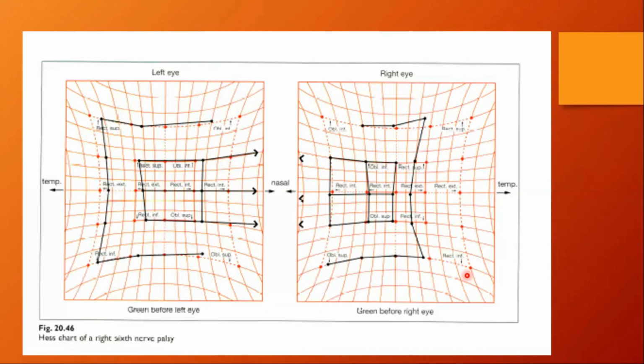I will repeat it again. Sixth nerve palsy supplies only the lateral rectus, so you will get limitation in abduction. But in reality, if you see a case of sixth nerve palsy, you will also find limitation up and out, down and out. And why is that?